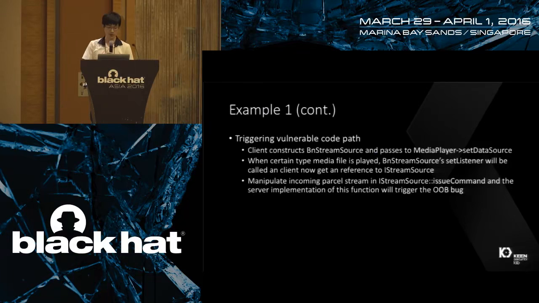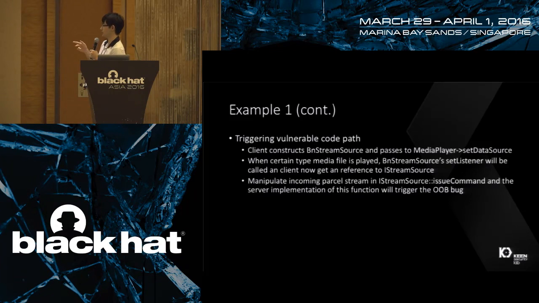The bug itself is not complex, but to trigger it, there is some interesting stuff to be noted. In order to trigger this vulnerable code path, we need to pass a callback to the privileged process. First, we need to construct a BnStreamSource and pass it to the media server's setDataSource function. When a certain type of media file is played, as we can trigger it, the BnStreamSource setListener will be called.